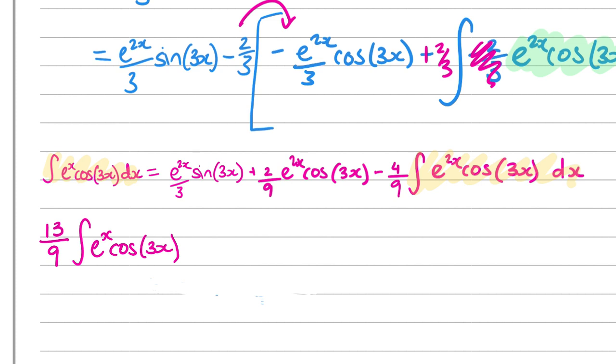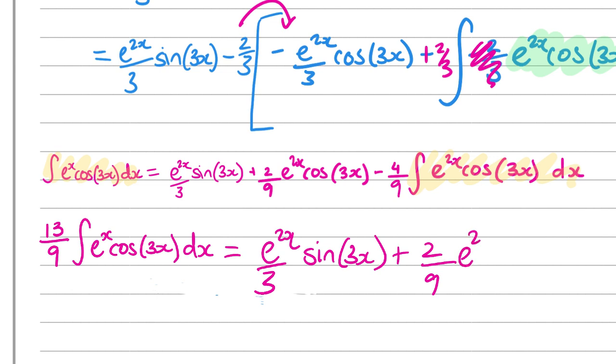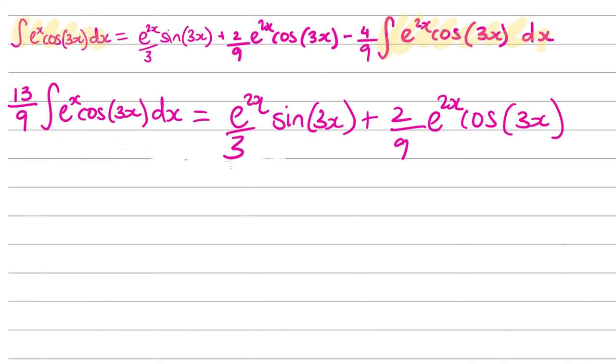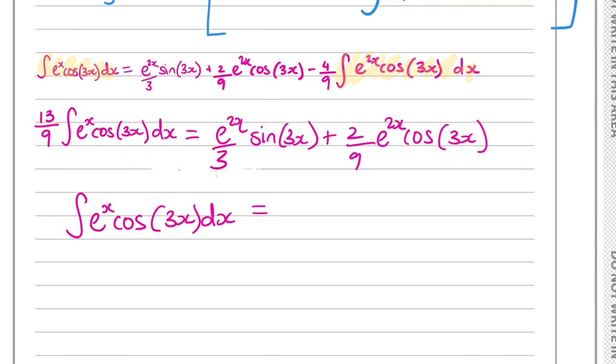So I'm going to get 13 over 9, lots of the integral, e to the 2x cos of 3x with respect to x, equals e to the 2x over 3 sine 3x plus 2 over 9 e to the 2x cos 3x. Great. So how do I find the integral on its own? Yeah, I'm going to divide both sides by 13 over 9. So the integral of e to the 2x cos 3x with respect to x equals, what happens when I divide by 13 over 9?